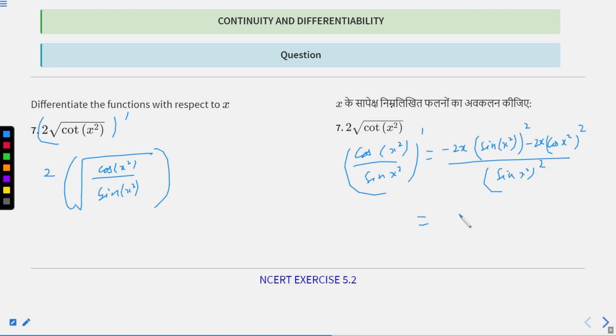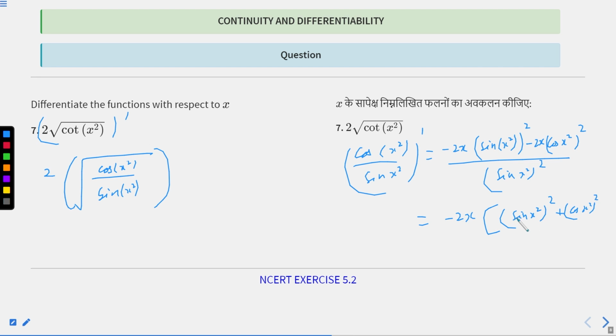You will have this sort of thing. This can be reduced by taking minus 2x common. This will be reduced to 1 plus, as you can see, sine x square whole square, as you took minus 2x, and cos x square whole square.